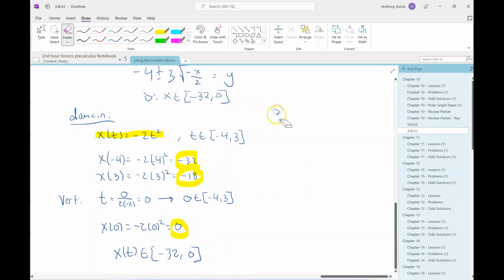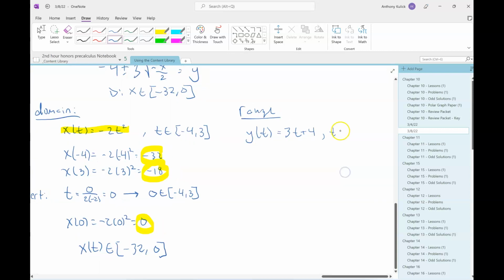And then the range, same idea, but we're working with the y coordinate here, which is 3t plus 4, where t goes from negative 4 to 3. So here, we notice that y of t is a linear function.